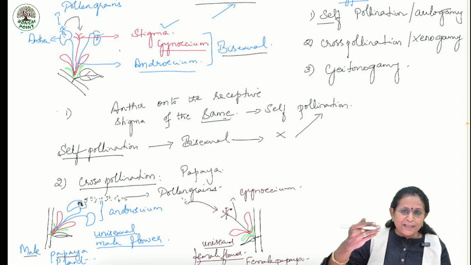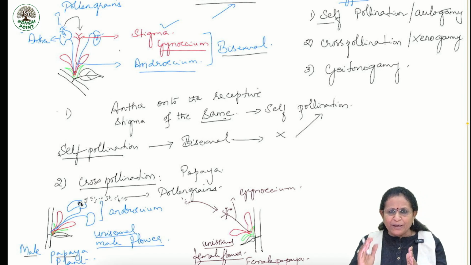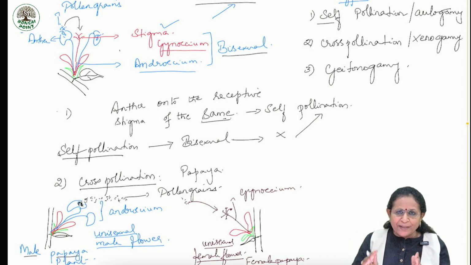Female flowers are seen on another plant. So, male flowers on one plant, female flowers on another plant, thereby we say the plant is dioecious. Flowers are unisexual. So, no other go here.